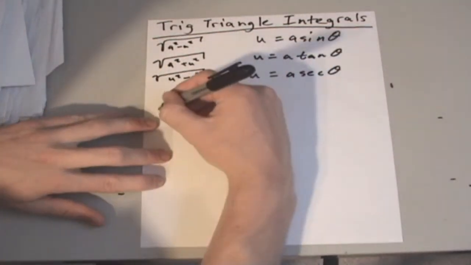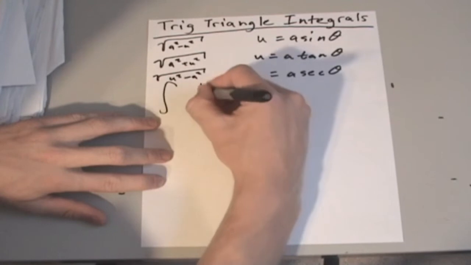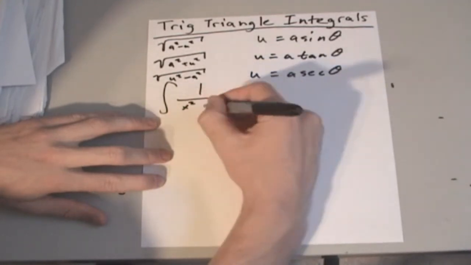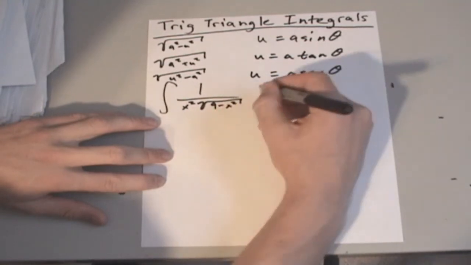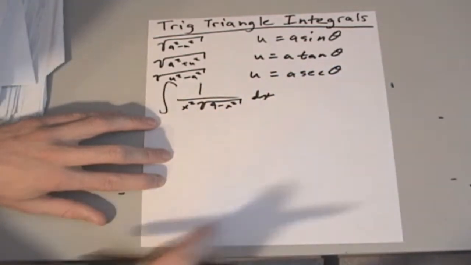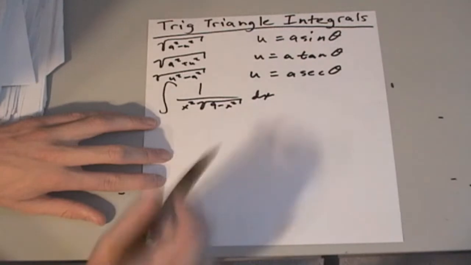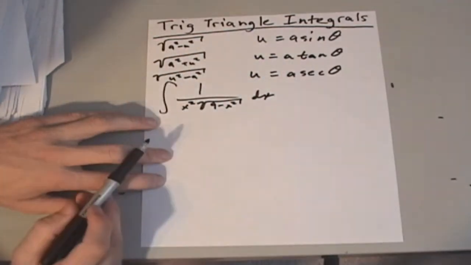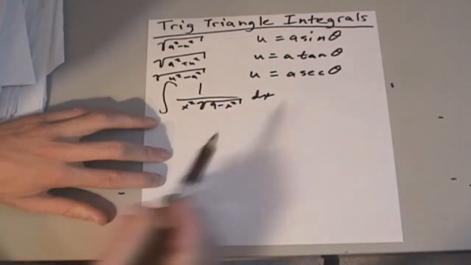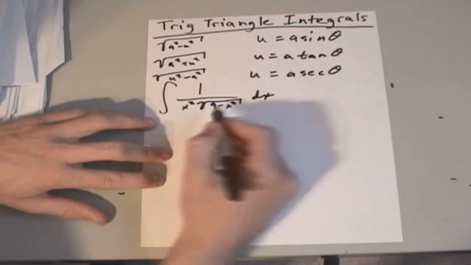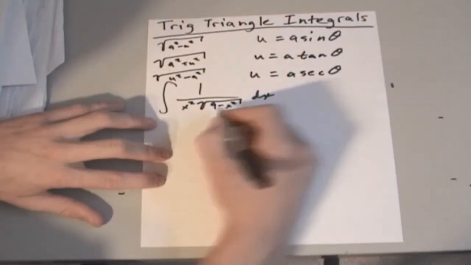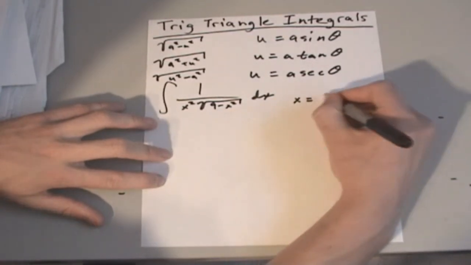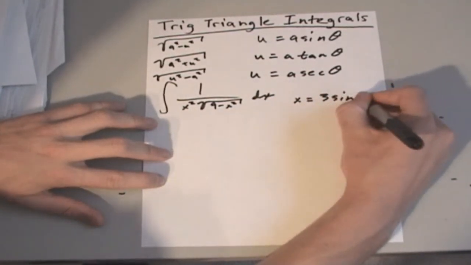First example, we have the integral of the square root of 1 over x squared times the square root of 9 minus x squared dx. In this case, right here we have the first one, which is a squared minus u squared. So it would be u, which is x, is equal to 3 sine theta.